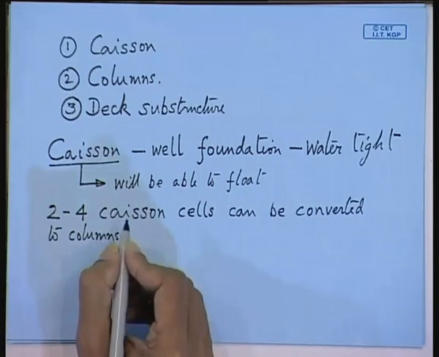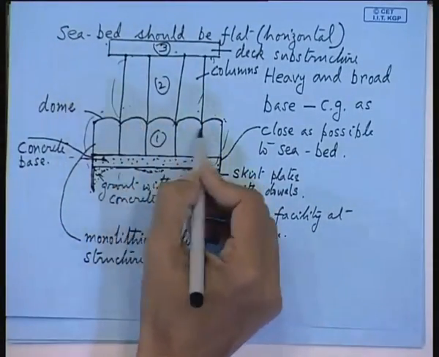So these columns are nothing but an extension of the cells of the caissons.